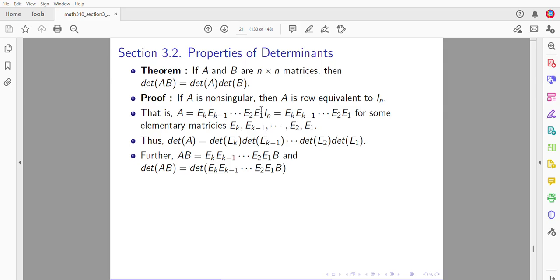Now, B is some other square matrix, we don't know. A times B is A, being a product of elementary matrices, times B. So, determinant of A times B is determinant of these guys. Now, here is the catch. Let me go back to a theorem we saw not long ago.